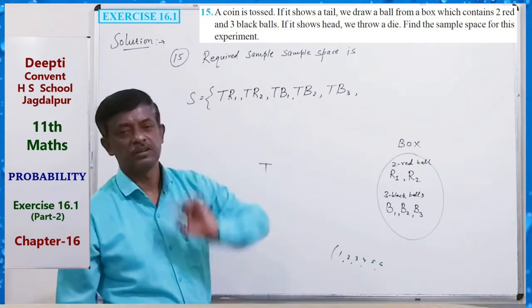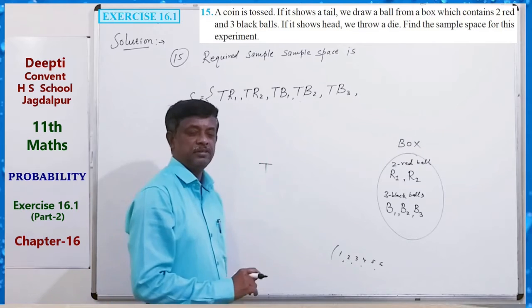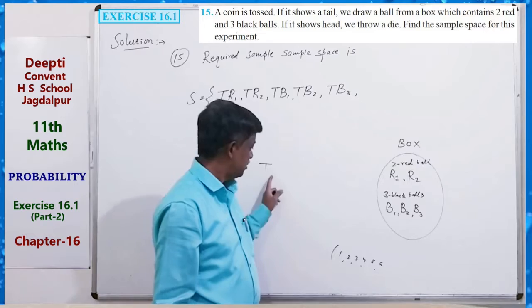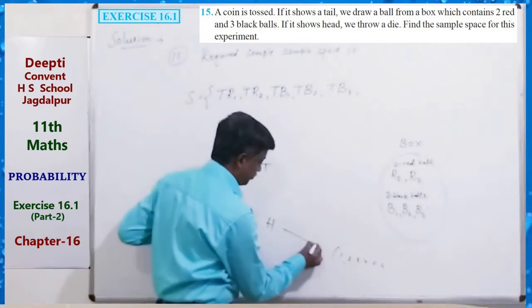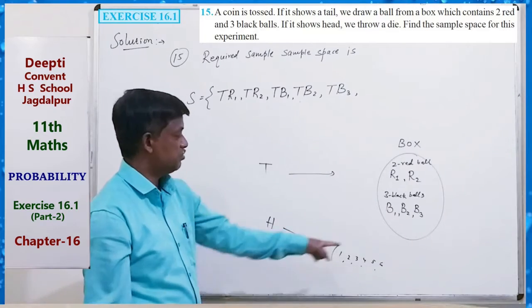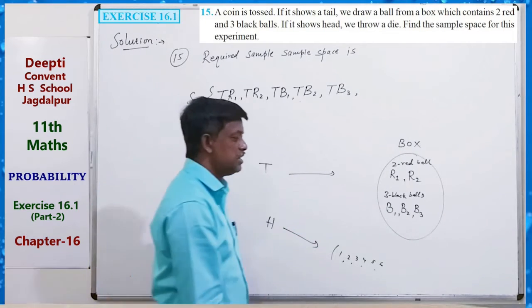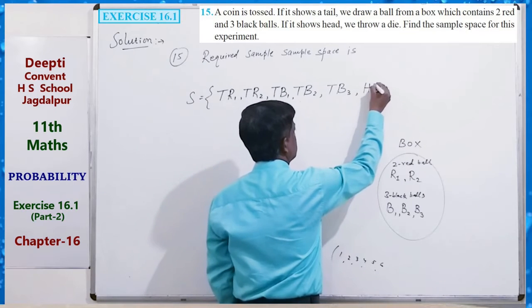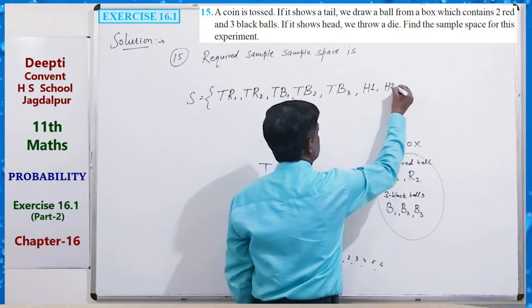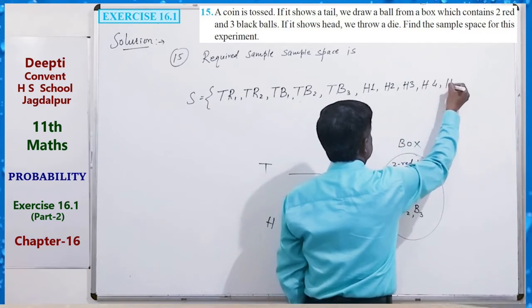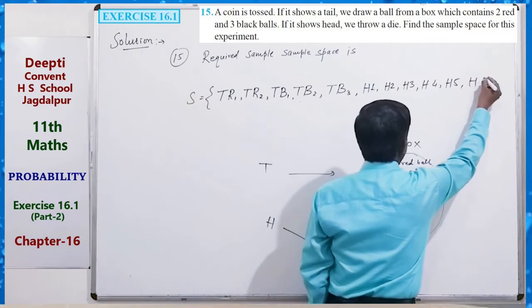And if the coin shows head, then this will connect from here, this will connect from here. So H1, 2, 3, 4, 5, 6. Here H1, H2, H3, H4, H5, H6.